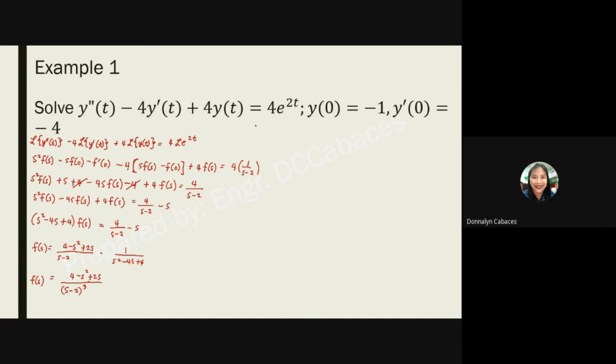What is equivalent to 4 minus s squared plus 2s over s minus 2 cubed by partial fraction. So that is equal to a over s minus 2 plus b over s minus 2 squared plus c over s minus 2 cubed. That is our solution by partial fraction.